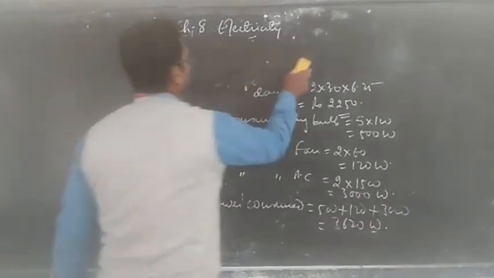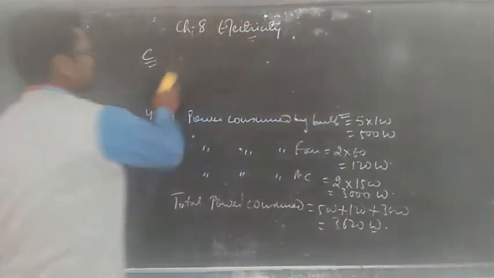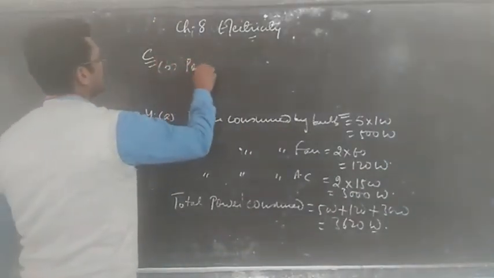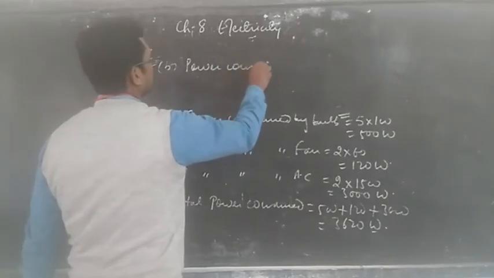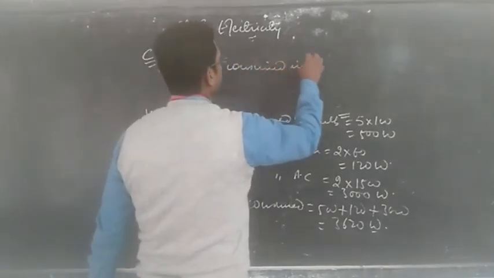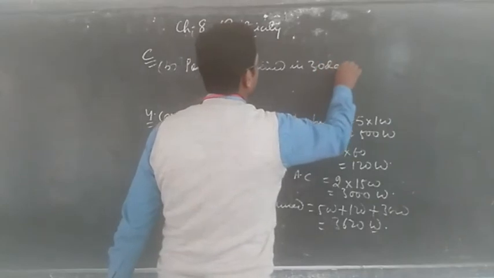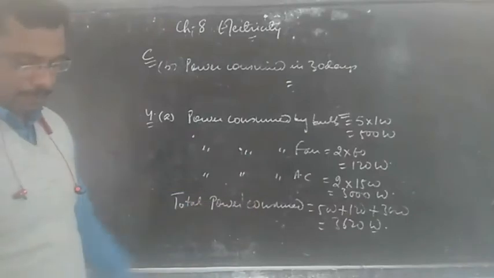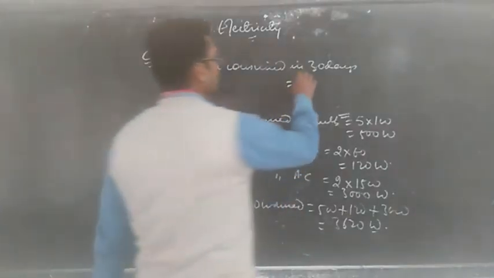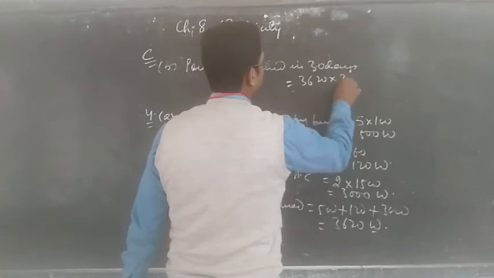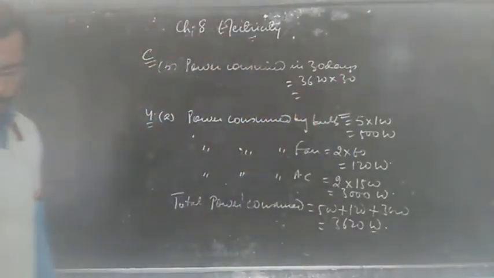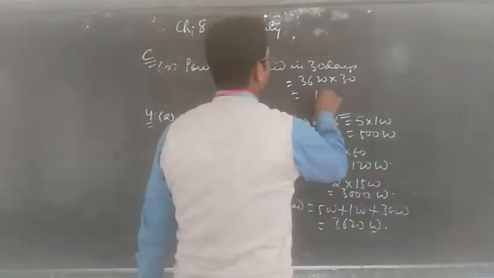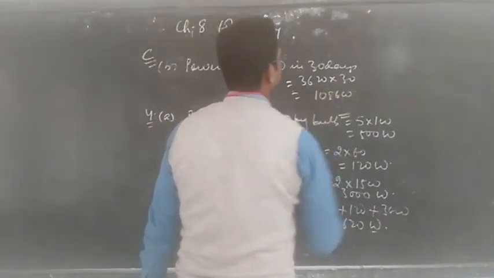Now power consumed in 30 days. We will multiply 3620 into 30, which will come equal to 108600.